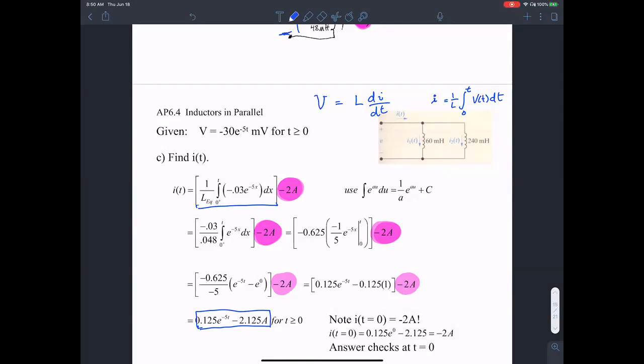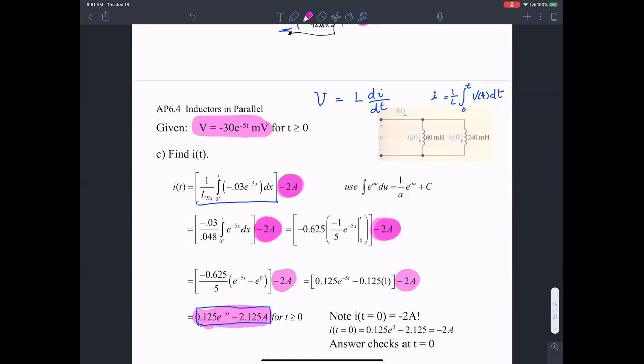So for the voltage that is negative 30 e to the negative 5t millivolts, the equivalent current setup is that expression.